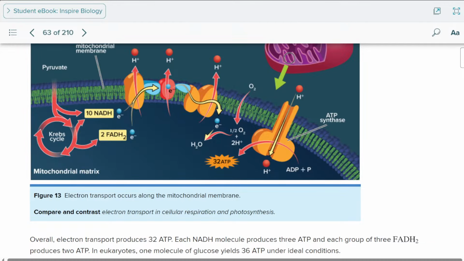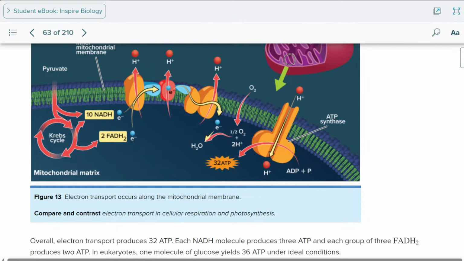You see those little blue things at the bottom next to the ATP synthase: the electron, the half oxygen, and the 2 H plus. You mix them together and that makes water. So after all the imbalance and all the transport in the electron transport chain, it forms water. We got that part.